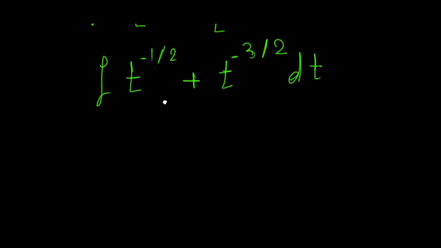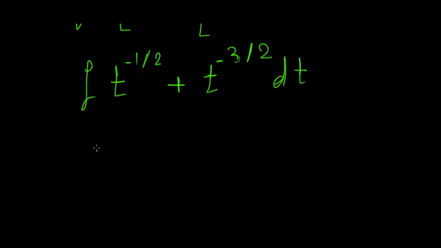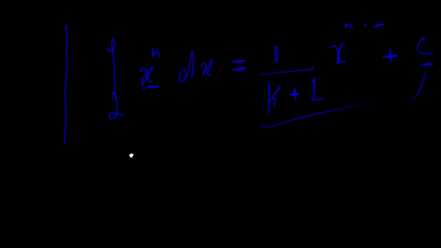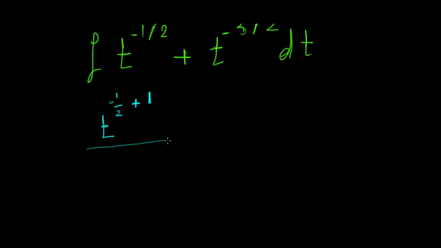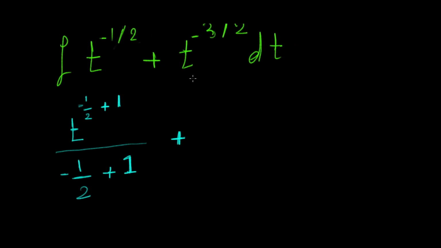So we will have t to the power of negative 1 over 2 plus 1, as you can see, k plus 1, negative 1 over 2 plus 1, divided by negative 1 over 2 plus 1. Alright, you can add that too.